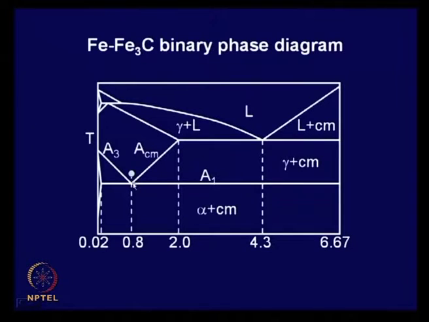What happens as you cool at this eutectoid temperature around 723, as you go below 723 degree centigrade, the austenite breaks down simultaneously into a fine mixture of ferrite and cementite, and this is called perlite.